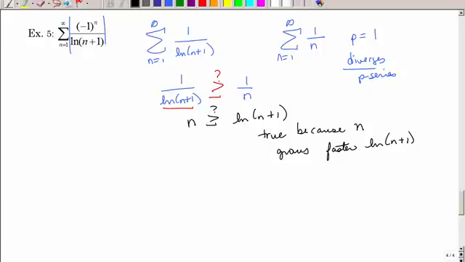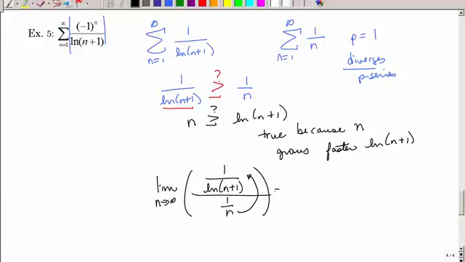Well, if you can't use the direct comparison test, you could always try the limit comparison test. So we have the limit as n approaches infinity of, remember, what you're choosing to compare it to goes on the bottom, and what you're comparing it to goes on the top. And so, if I multiply by that reciprocal, I would have n over the natural log of n plus 1.